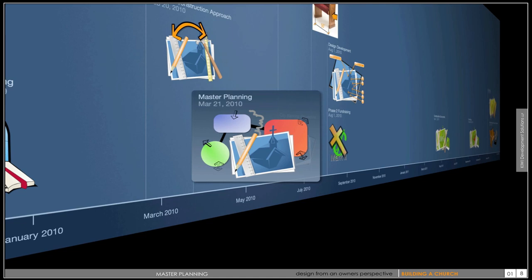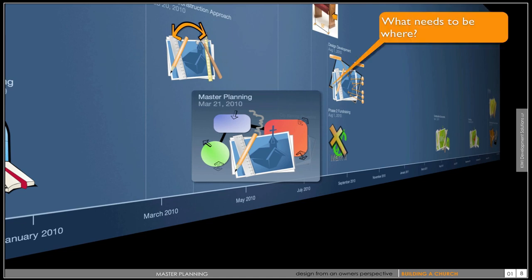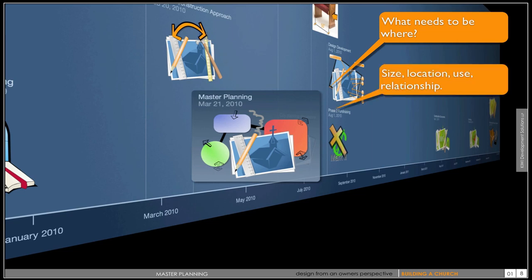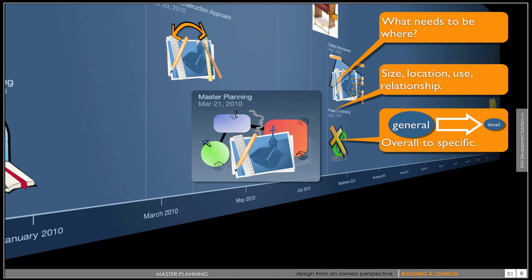It's going to look at a macro view of the project, whether it's a site and how the site is best used, and then it steps itself in toward the rooms. There will also be a number of other documents and considerations that will come from this master plan.